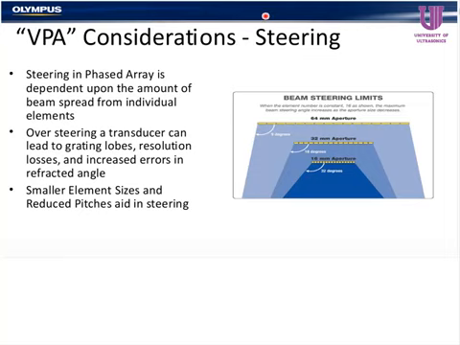And if you're looking at the elements inside of the transducer, if you need more steering capabilities to cover, say, a larger area or a bigger part, you would want a transducer that's capable of steering through a broader range. And in that case, you would want the exact opposite, meaning you would want a transducer with smaller elements and elements that are closer together, which is the exact opposite of what you would look for increased focusing capabilities.